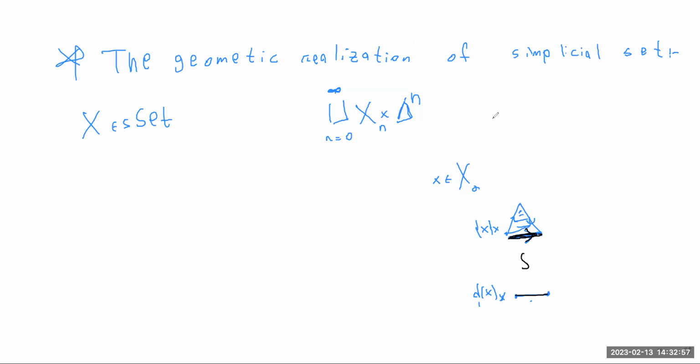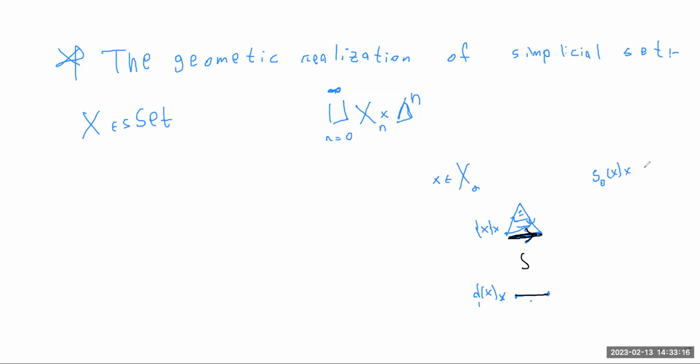The same holds if we have a degeneracy map. This can also be represented by a degeneracy of this. Let's take some degeneracy s0 of x.